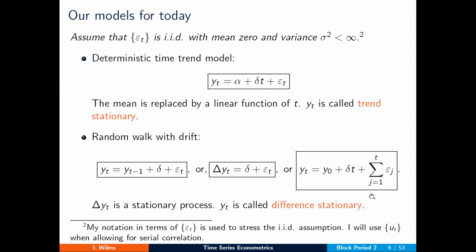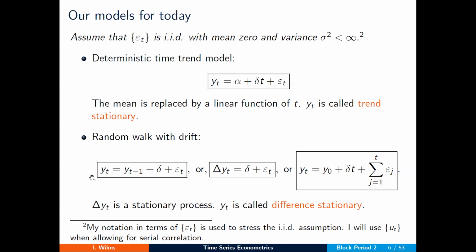So we see that the deviations around the trend line given by these over here are not stationary, since we have t error terms popping up, so the sum runs until time point t, we have a dependence on t. In this model, y_t is called difference stationary, because you indeed need to take the series in first differences, as shown over here, to arrive at a stationary process.